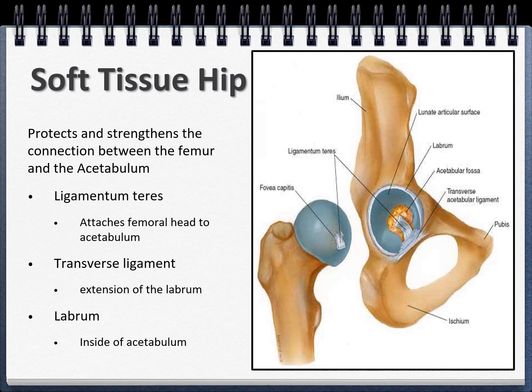Then we have the transverse ligament, which is an extension of the labrum and also assists in strengthening and protecting the head of femur, sitting in that hollow cavity and protecting it.